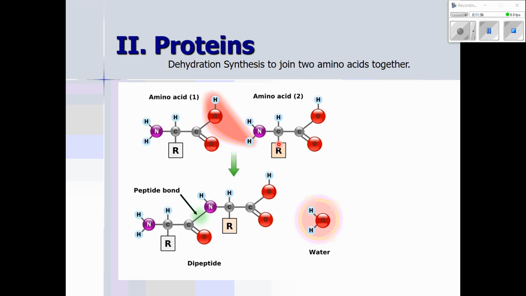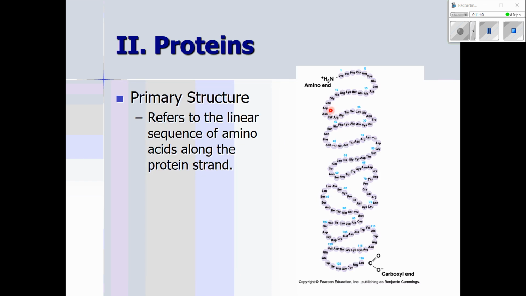So what happens sometimes is you might have, and I'm just going to make something up here. This is probably not even accurate, but just for a simple example, this amino acid might have an electrically charged R group, and maybe this amino acid right here also has an electrically charged R group.